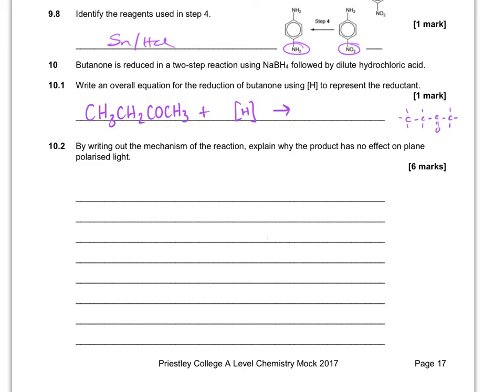I know when I reduce this, I'm going to break that double bond and add a hydrogen on there and a hydrogen on there. That's going to make it much easier for me to write my final formula, because I've got CH3, CH2, CH, OH, CH3. It also shows me that I'm adding 2 hydrogens, so I can balance that equation easily.